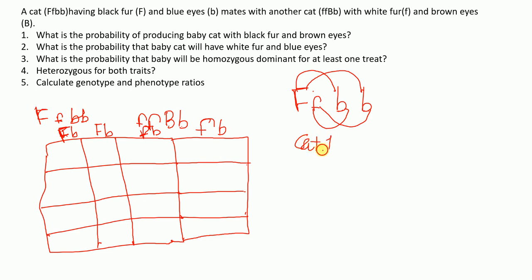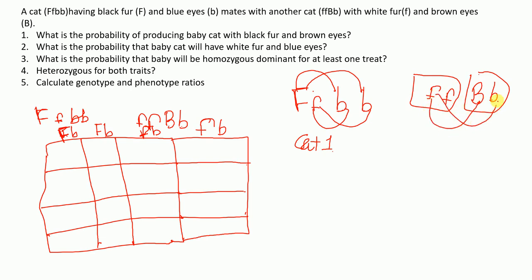This is cat 1. So for cat 2, what do we have? We have small f, capital B, and small b. So this is one box, and this is another box. Same pairing. So small f will pair with this, and this will pair with this.